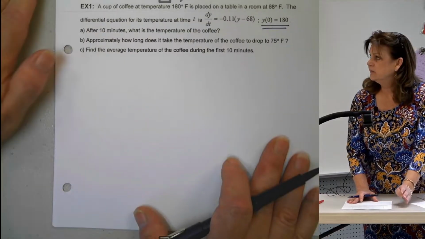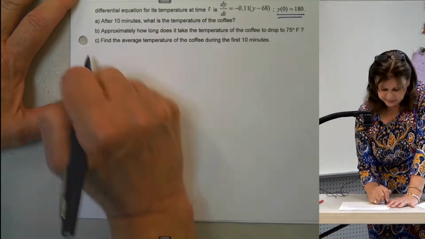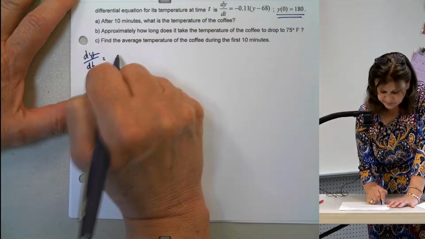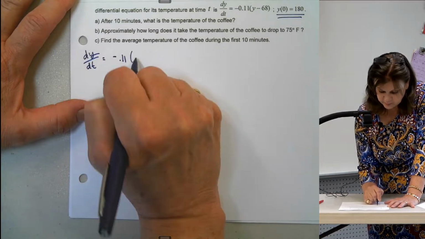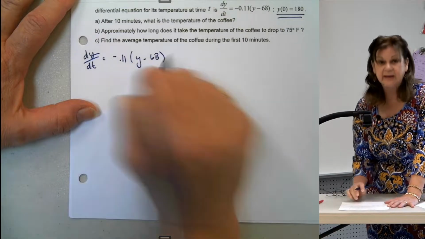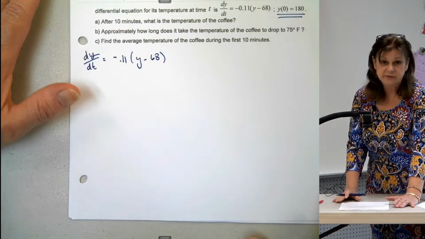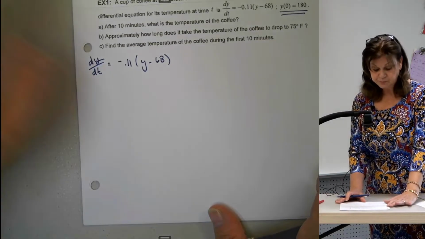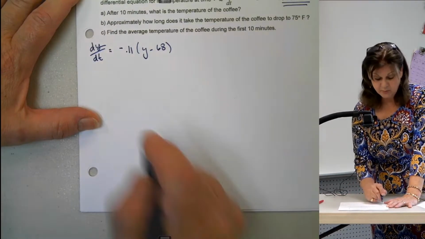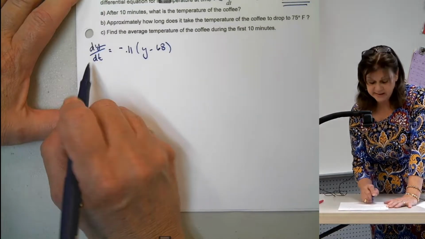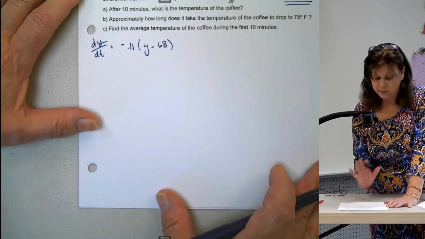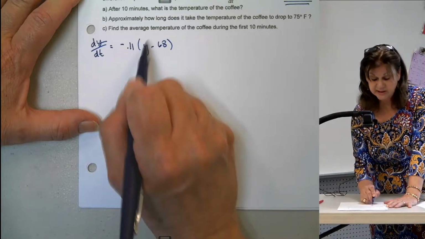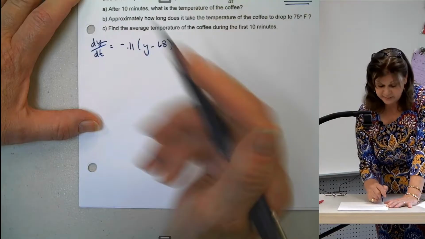All right, here's how we start. We have a differential equation, dy/dt = negative 0.11 (y minus 68). Everything that we've been doing the last few days, we're just going to continue doing. We're going to separate. I want the y's on the left and everything else on the right. Remember, you cannot separate with addition or subtraction. So this entire piece, y minus 68, we're going to divide by that.